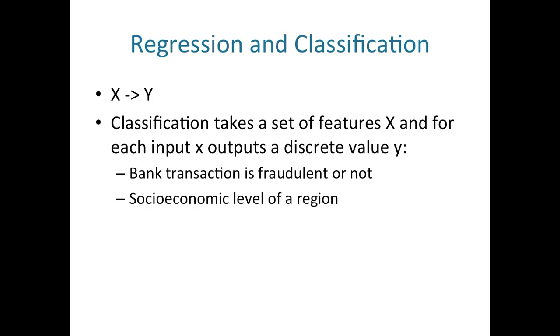So for example, imagine that you have a set of features that characterize a bank transaction. The output, what you want to predict from those features, is whether the transaction is fraudulent or not. You might be looking into things like the amount, the place from where the transaction was made, the time, things or anomalies that might tell you whether that transaction was fraudulent or not.